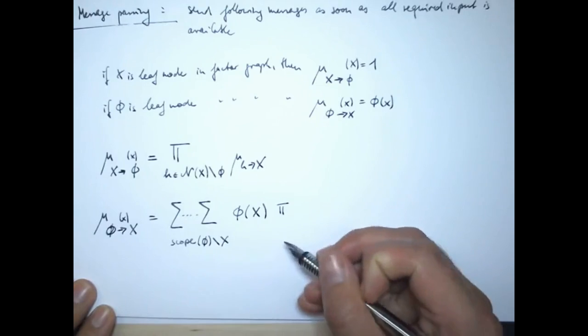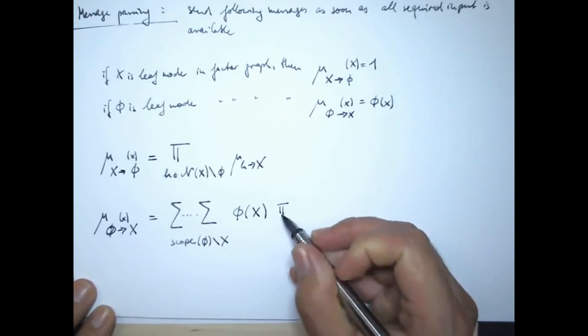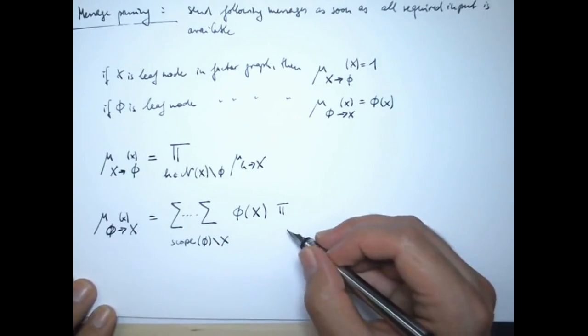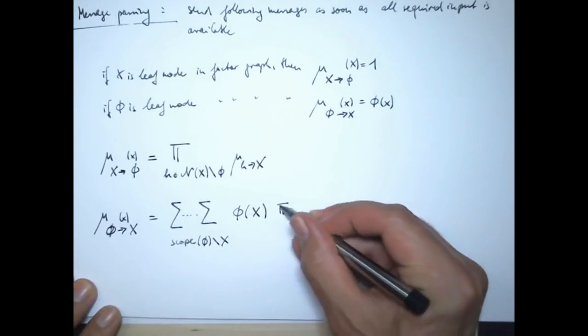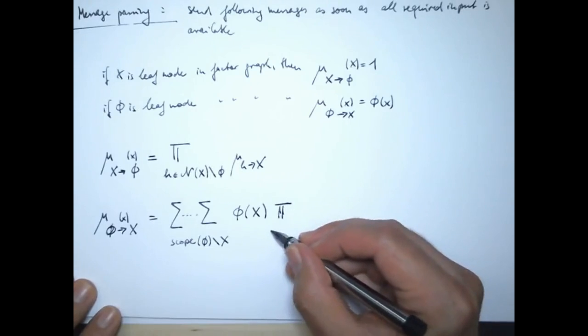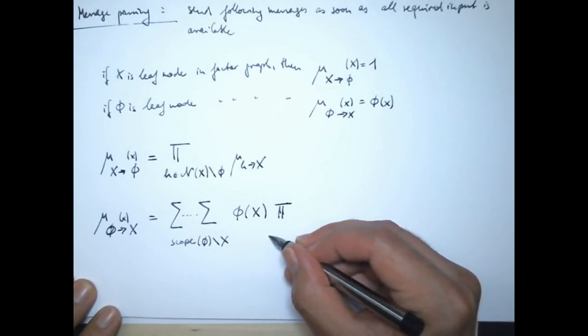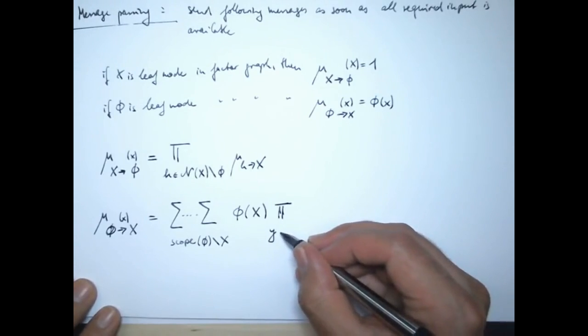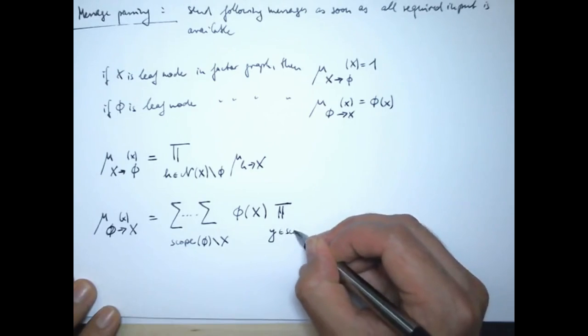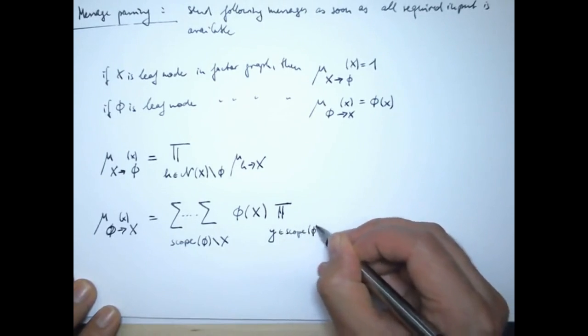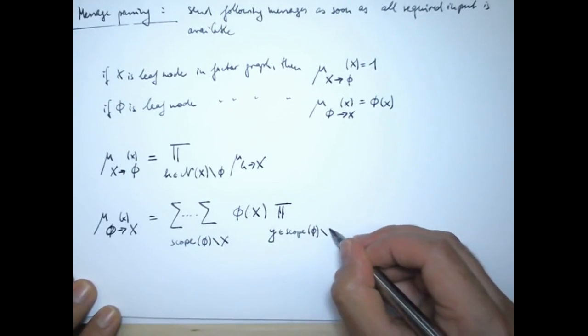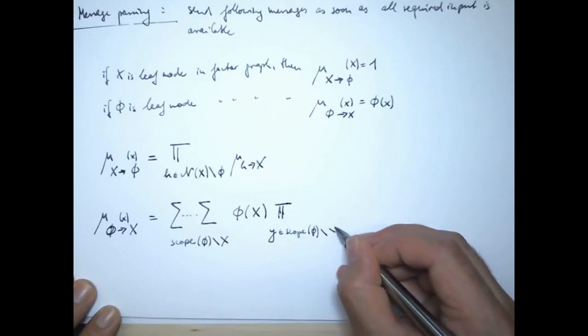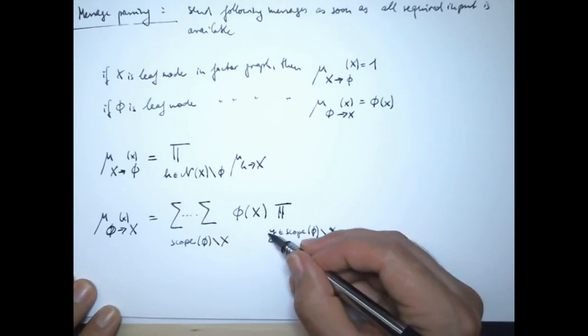Now we multiply the value of this factor with the product of all the incoming messages, namely messages from all other adjacent variables except the one that we're sending the message to. I should use a capital Y here. Okay.